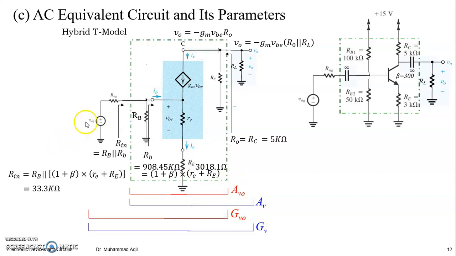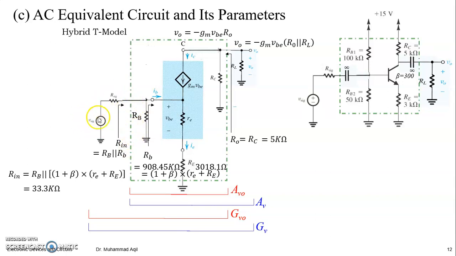So it means for these AVs, we need to find the input at the amplifier stage. So the voltage across Rin will be very simple.